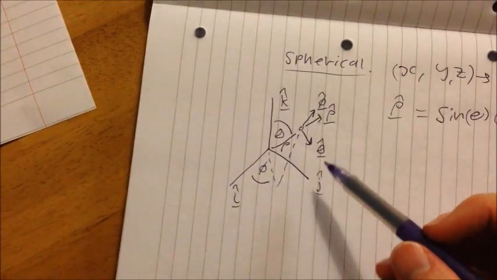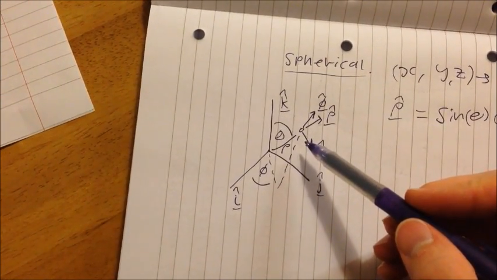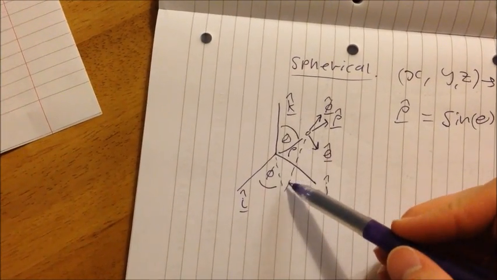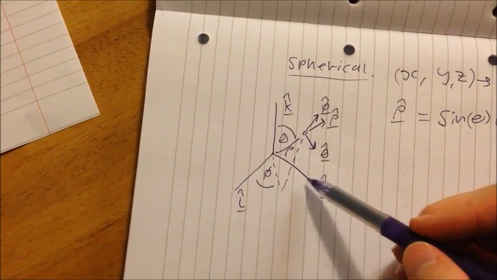And then the j component would be sine theta again to get you there, and then sine phi.